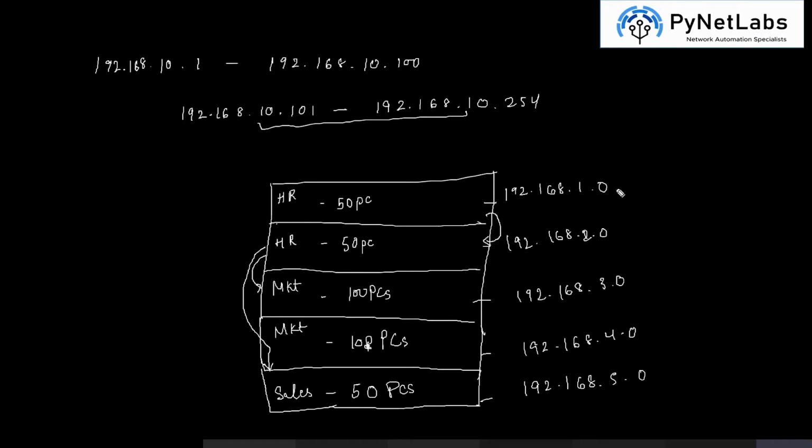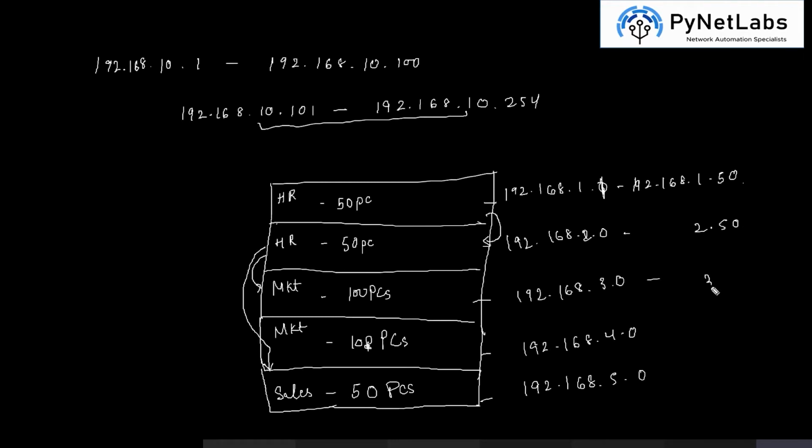This solves our issue, but at the same time, 192.168.1.50, okay, so IP from 1.1 to 1.50 will be used, and in this case also, till 2.50 the IPs will be used.